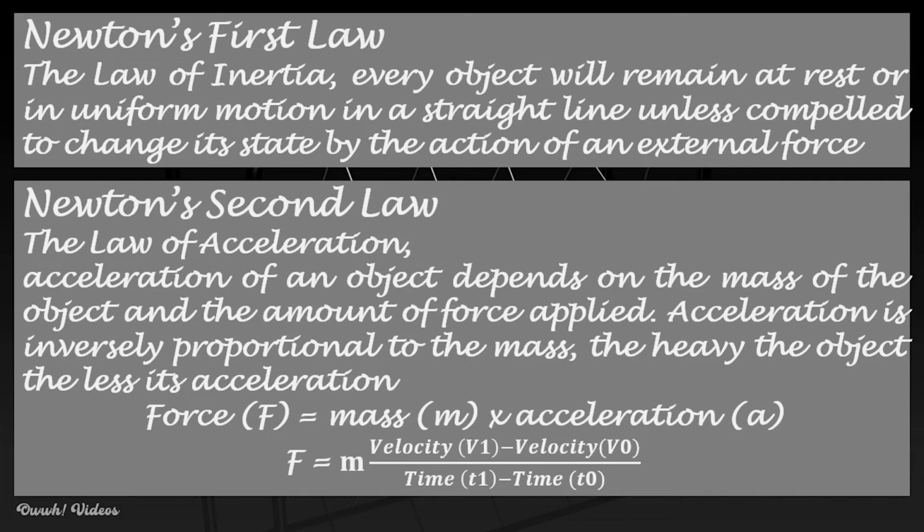Acceleration is inversely proportional to the mass; the heavier the object, the less its acceleration. Force equals mass times acceleration. For constant mass and varying acceleration, F is equal to m multiplied by velocity 1 minus velocity 0 over time 1 minus time 0.